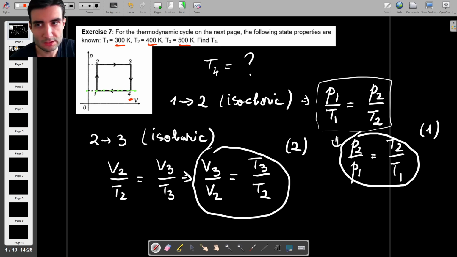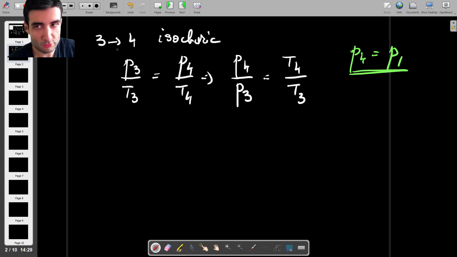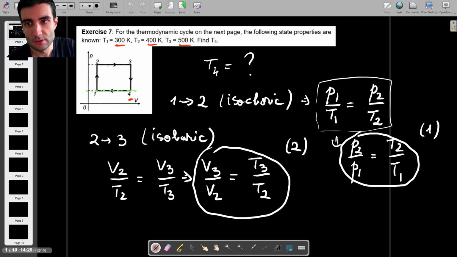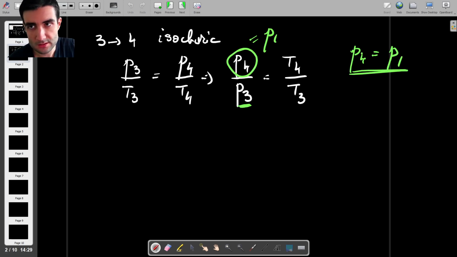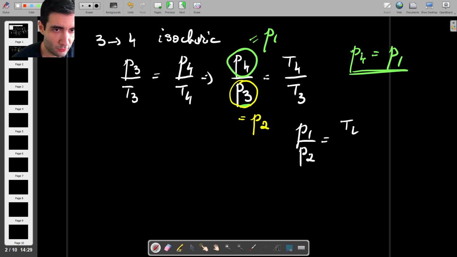They have the same y coordinate. So we can write P4 is equal to P1. And in the same way, P3 is equal to P2, since they have the same y coordinate. So P4 over P3 turned into P1 over P2, which is equal to T4 over T3.